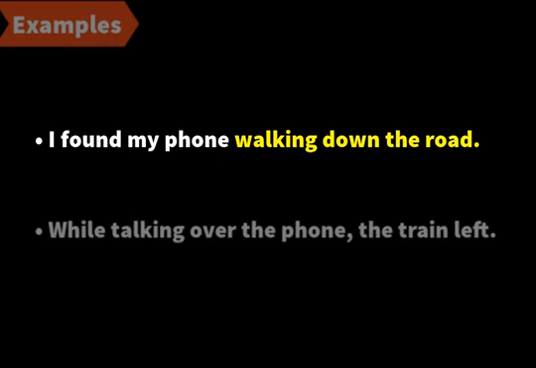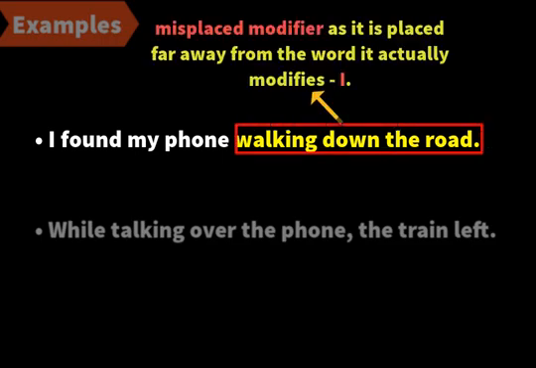If you just look at the sentence, this is what it means, right? So in this example, we have a misplaced modifier. That means our modifier is coming next to a word that it is actually not modifying, and the word that it actually intends to modify is a little far away from this modifying phrase. So it is actually a misplaced modifier.